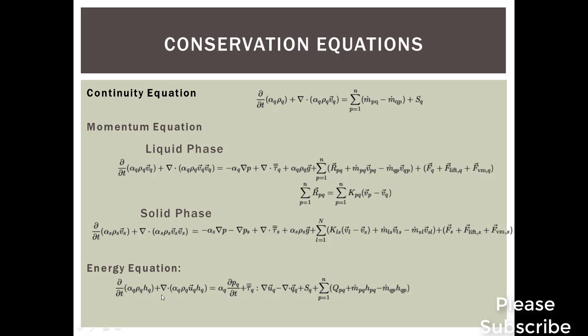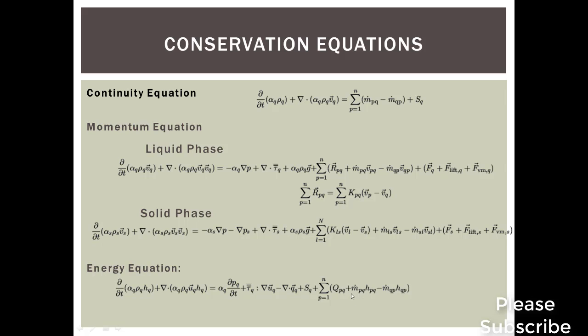And this is the energy equation that would be solved with respect to enthalpies, specific enthalpies in particular. This alpha q is nothing but the volume fraction of the solid or liquid phases, and this is the variation of pressure with respect to time, and this is a term which signifies the change in energy states that is caused due to these collisions.